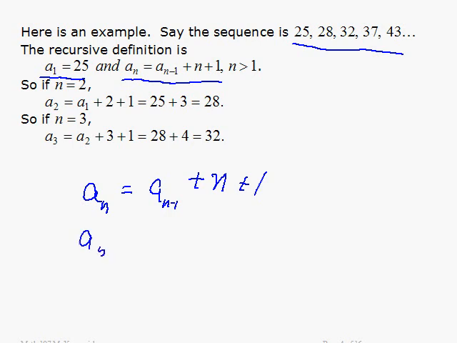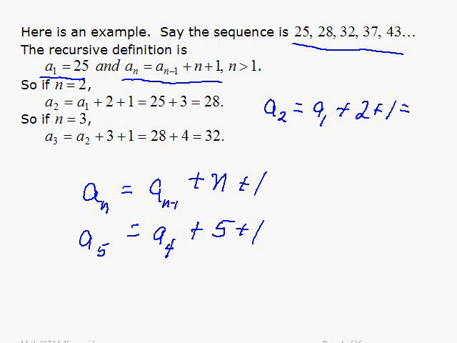Let's say a5 would be a n minus 1, which is a4. Now the counter suddenly pops up and becomes part of the calculation. And that's acceptable too. You won't have to do anything this hard. This is just to show you how it works. So a2, which would be your 28, you hope, equals a1 plus whatever the counter value is, which is 2 plus 1, so that's 3, so there I get my 28.